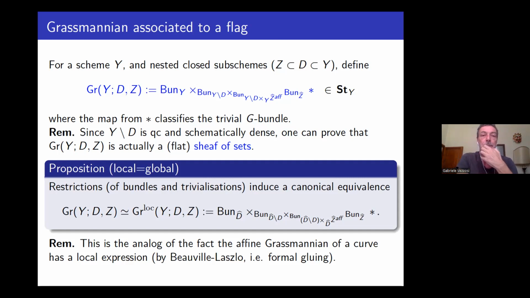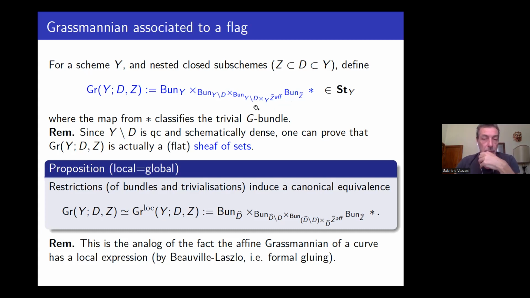For a scheme Y and a nested closed subscheme Z ⊂ D ⊂ Y, we define this stack over Y, which classifies bundles on Y together with a trivialization on Y minus D, the open part, the complement of the Cartier divisor, and a trivialization on the formal completion of Z hat. These two trivializations have to be compatible on the intersection.